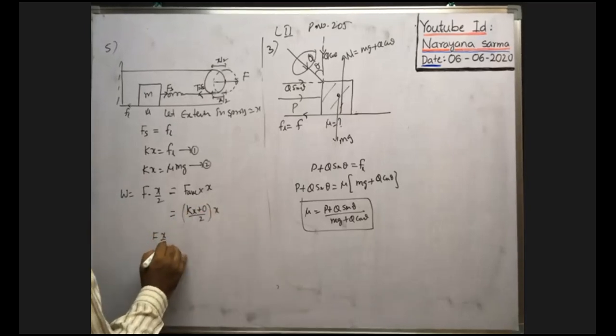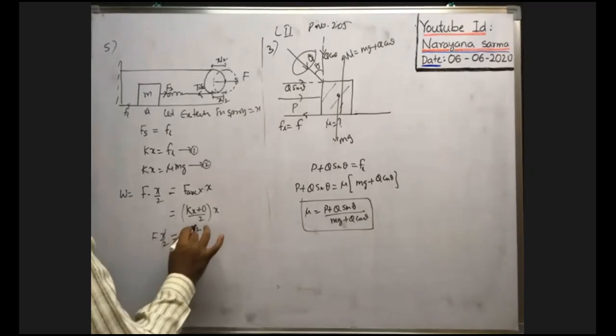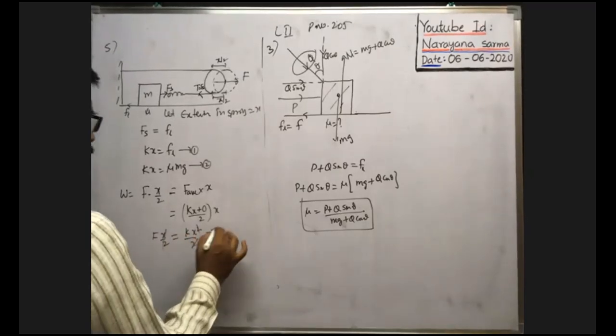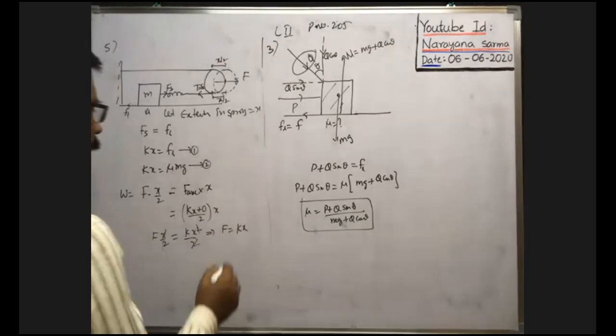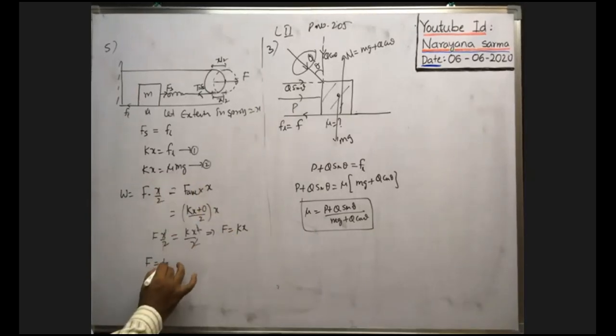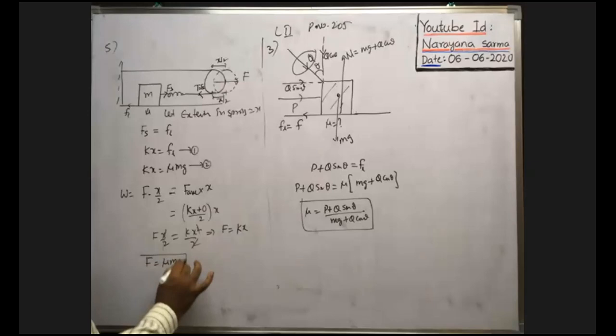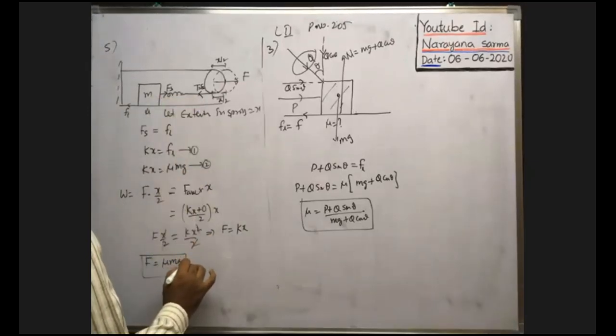Therefore, Fx by 2 is equal to kx square by 2. Here x by 2 cancels. This implies F is equal to kx. But kx is equal to mu mg. That's why the applied force is equal to mu mg, just to start the motion of the block. So this is the answer.